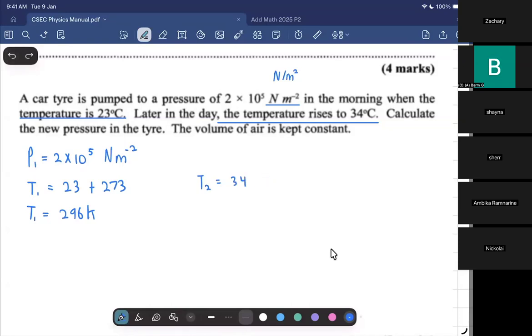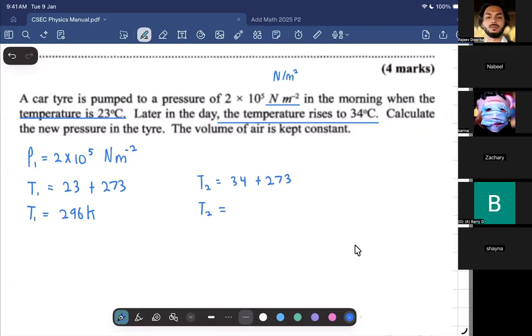Somebody answer first. 307. Right, and that'll be Kelvin. Now, they want us to calculate the new pressure of the tire. So what is unknown here is P2. P2 is the unknown.